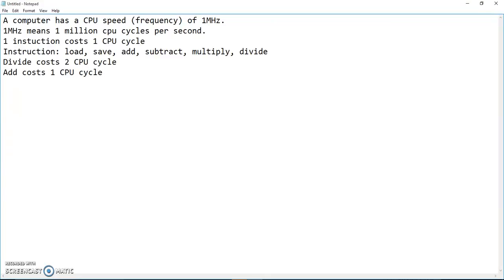Now, when you do equal as a sign, that is also an instruction, like you try to save, right?